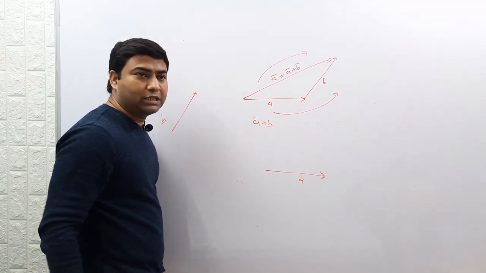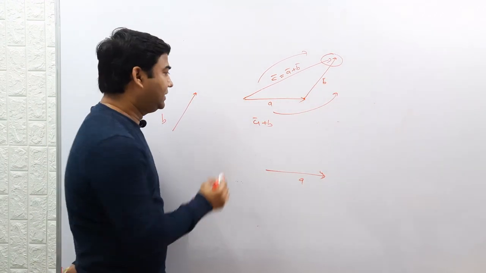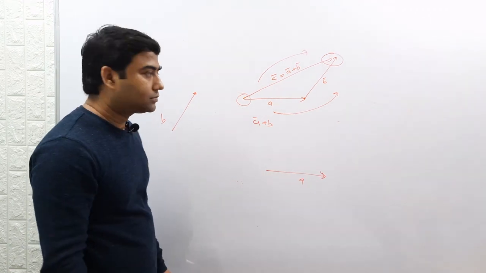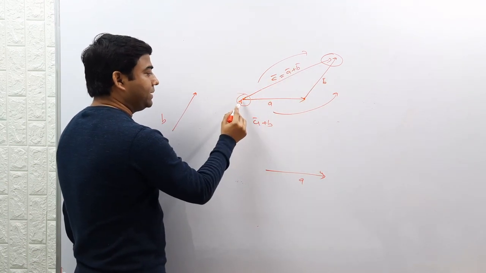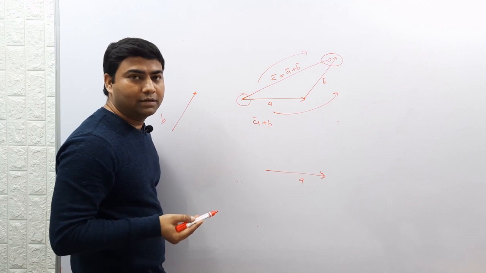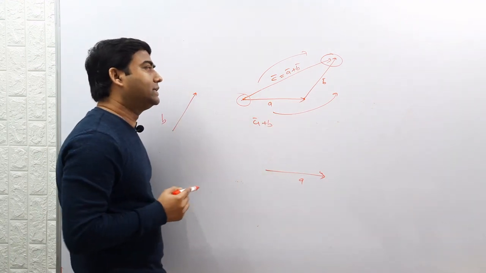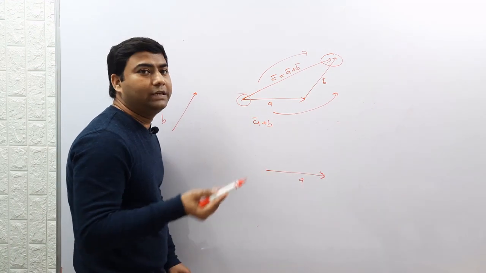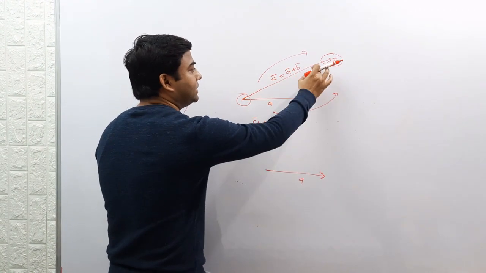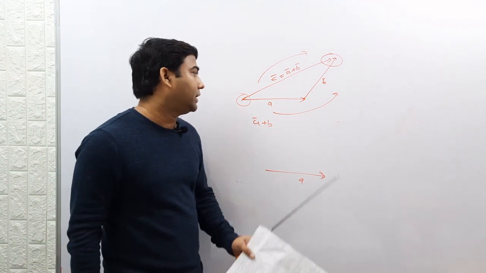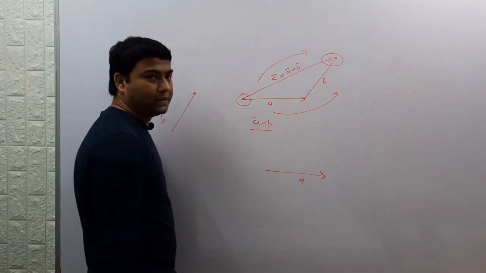And for the resultant vector, just remember that the resultant vector's tail will match the tail of the first vector being added, and its head will match the free head of the second vector being added. So this is the resultant vector. As per the triangle law, the vectors are added like this. So this is A plus B.